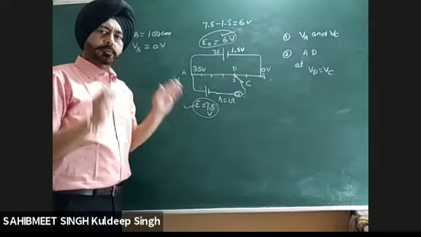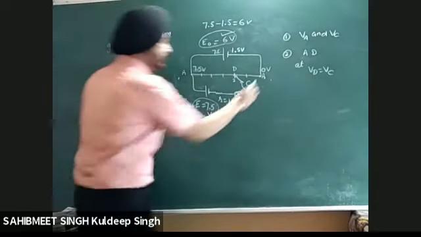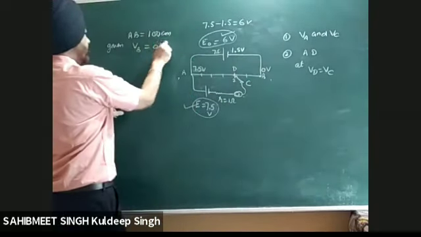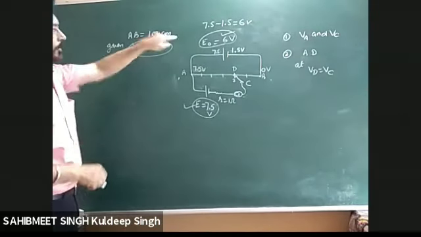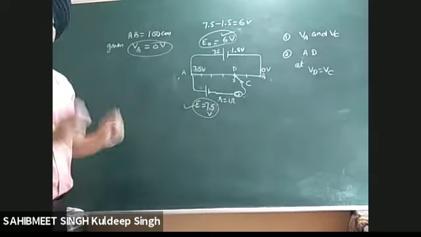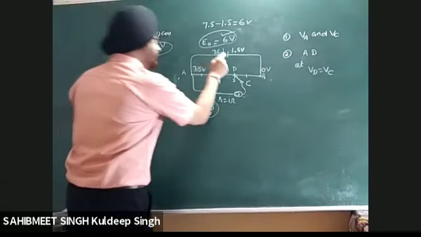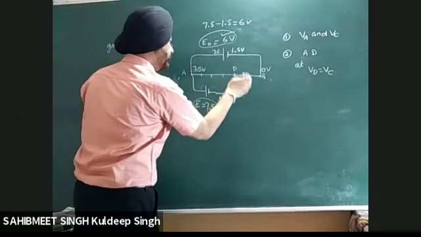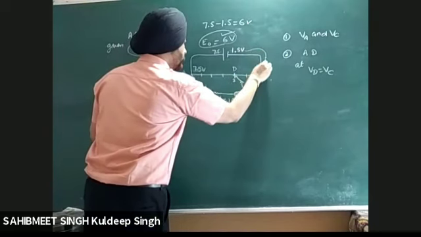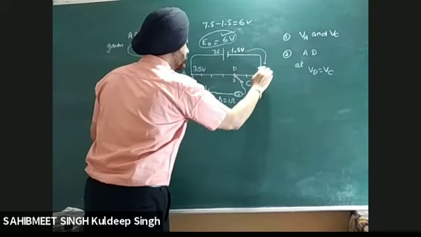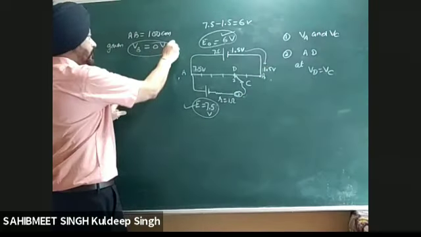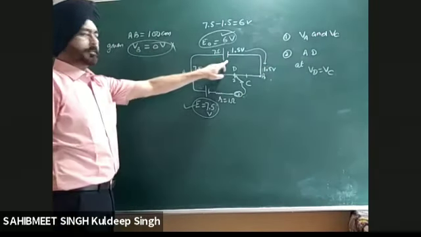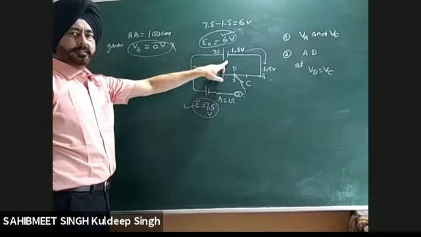But this is right only if this is not given. You are given that potential of B should be 0. When it is given in the numerical, then you cannot do this. Now what will happen? This 1.5 will go there. So this potential will become 1.5. So this condition is no more satisfied. So it is wrong. I should not do like this.